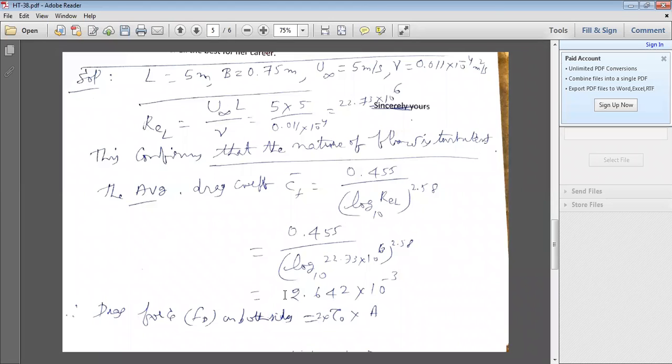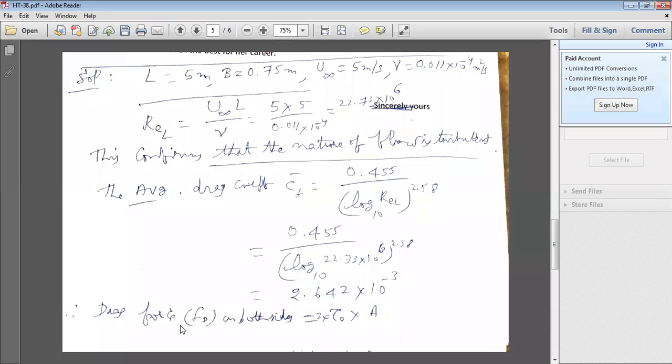So from this, the average drag coefficient CF bar is equal to 2.642 into 10 power minus 3. It does not have any unit, because drag coefficient does not have any unit. 2.64 into 10 power minus 3.